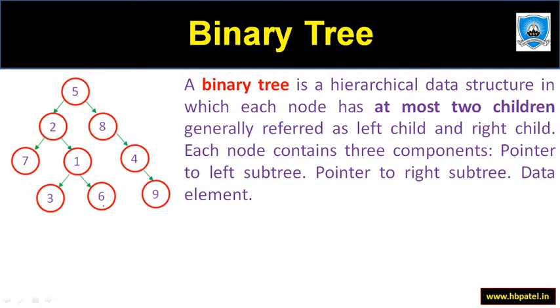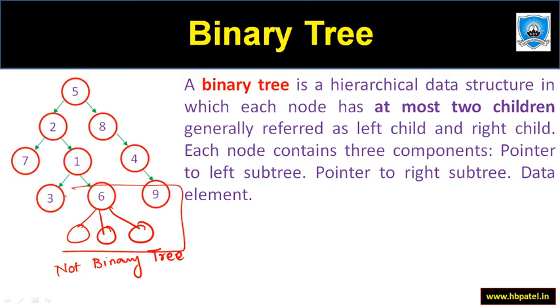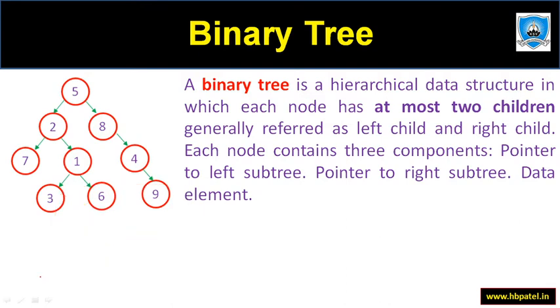If I have something like this, then this is not a binary tree. Why? Because in this case there is a node wherein the number of children is more than 2. So if this is the situation, this is not a binary tree. It can have either 0, 1 or 2 children.